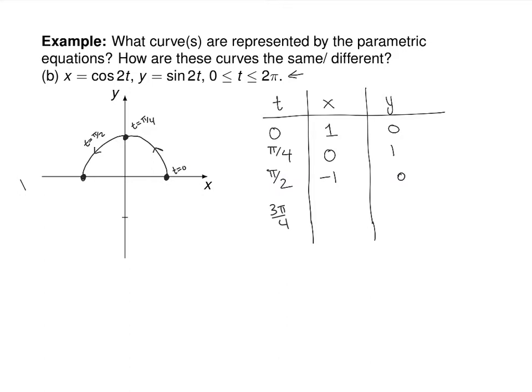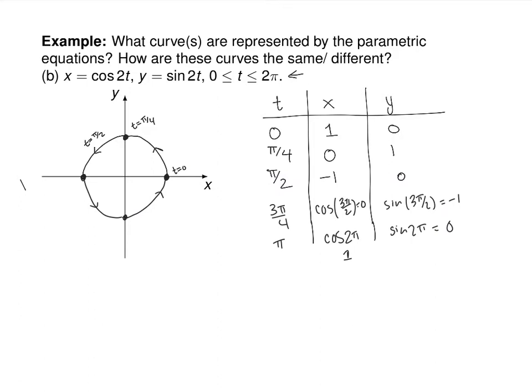So when you input 3 pi quarters, cosine of 2 times 3 pi quarters is the same thing as cosine of 6 pi quarters, or 3 pi halves, which is 0. Sine of 3 pi halves is going to give us -1. And then inputting pi, we'll have cosine of 2 pi, which is 1, sine of 2 pi, which is 0.